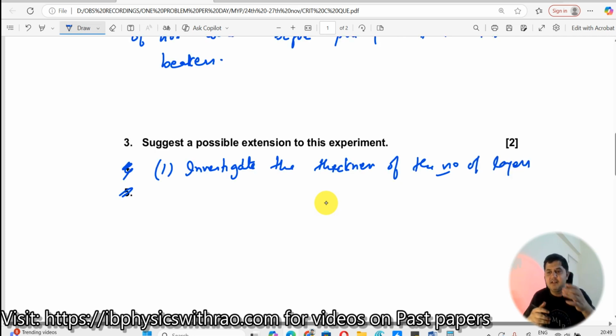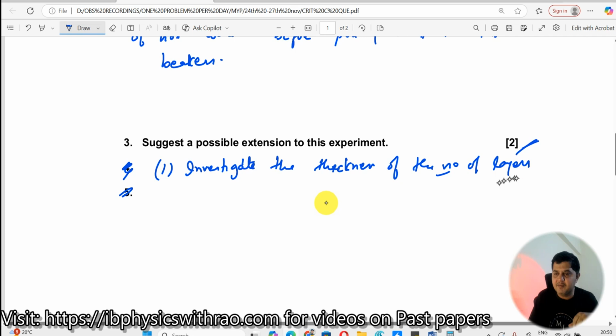Maybe I can take the container, I can put a bubble wrap for one container, and then I find out what is the amount of heat energy which has gone, or maybe how the temperature reduces. So when I put one bubble wrap, and when I put two bubble wraps, then what can happen to the temperature? Okay, so this could be one of them that I can say. I can have two layers, add two marks here, right?